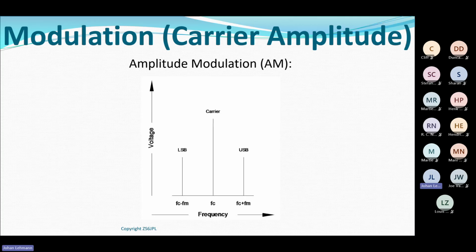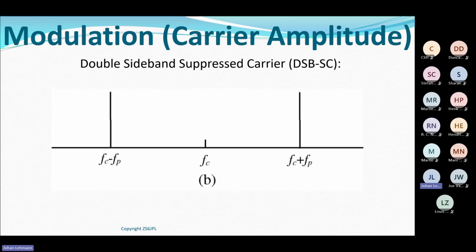So the clever guys came up with another scheme. They thought, how do we get rid of this wasteful expenditure without having an election? They came up with something which they called double sideband suppressed carrier. DSB, SC, you'll see it in your manual. So what they do is they filter out the carrier frequency so that the energy is concentrated on my lower sideband and my upper sideband.